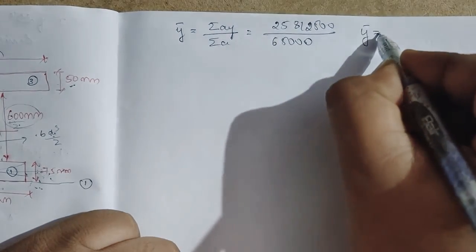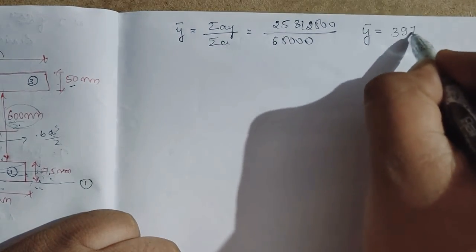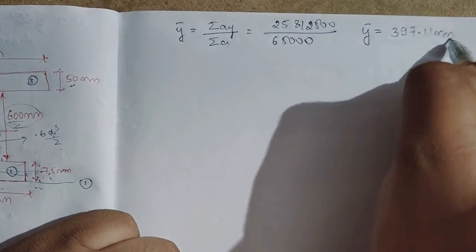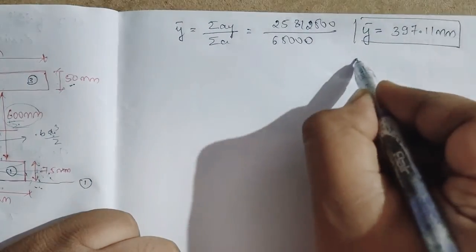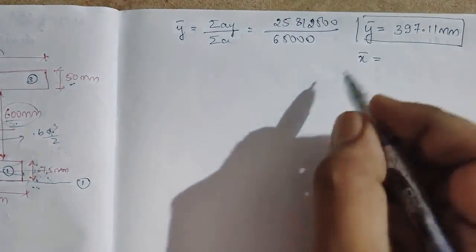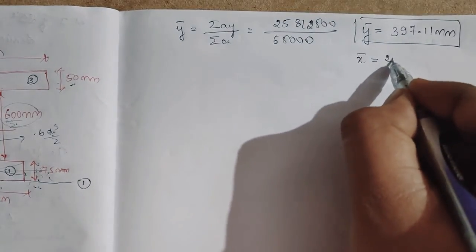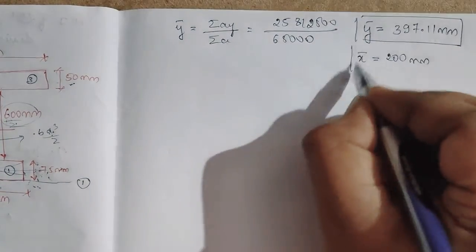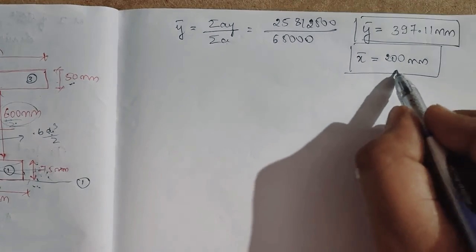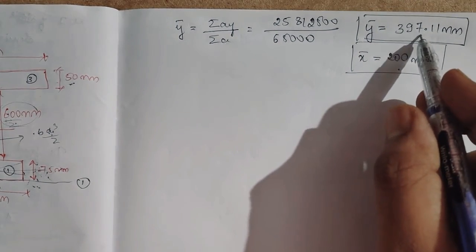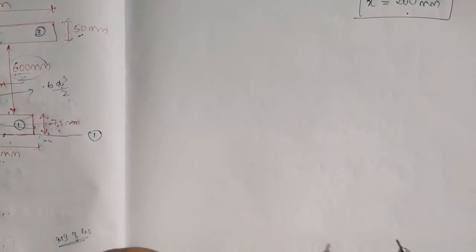So y bar will be equal to 397.11 mm. So x bar I already found, that is 200 mm. So G is located at x equal to 200, y equal to 397.11.